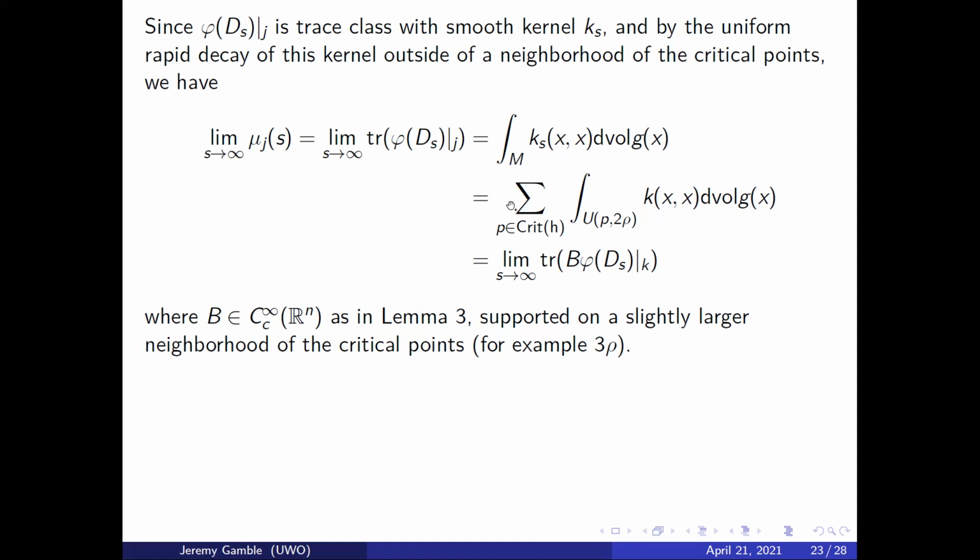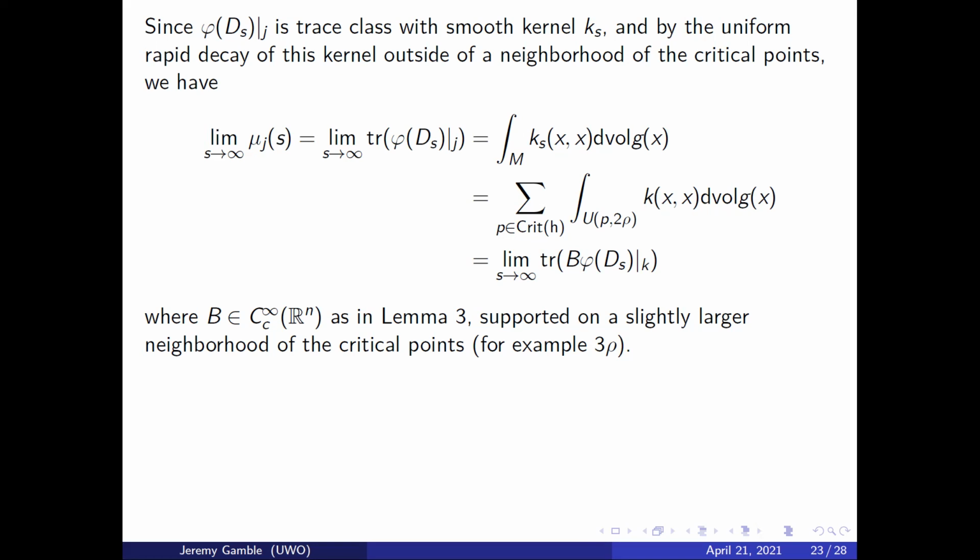Oh, no, actually, this is okay. We don't need the limit as s goes to infinity here because the limit's already been computed, and the terms outside of these neighborhoods around the critical points vanish because of that uniform tending to 0 that we had in lemma 2. And then we can rewrite this by choosing B to be a positive function compactly supported on these Morse neighborhoods.